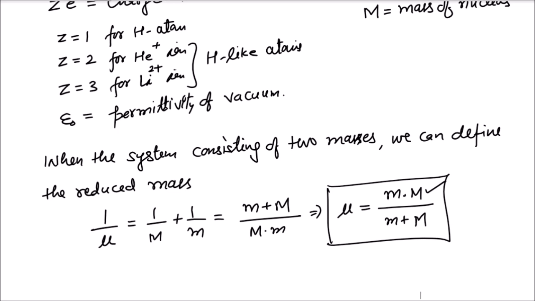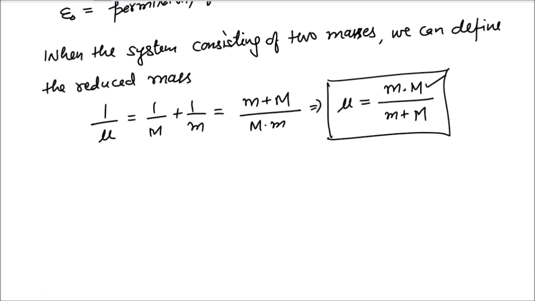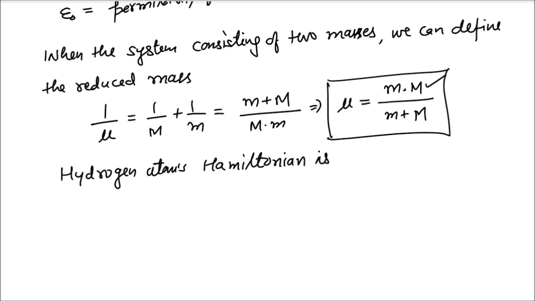Now the hydrogen atom's Hamiltonian. Can you write hydrogen atom's Hamiltonian? It is minus h square upon 8 pi square mu, instead of m we write mu now.